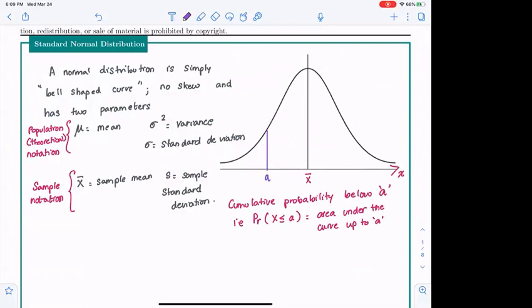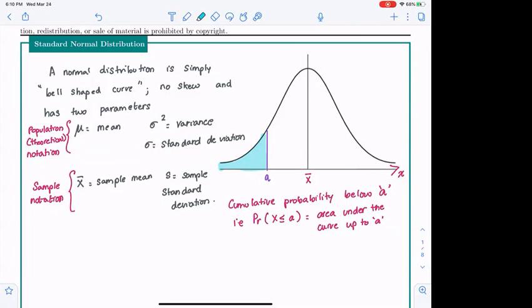And I would like to find the probability that x would be less than or equal to a. So that simply would correspond to the area under the curve below a. Now, if this area was a square or a rectangle, it is easy for us to find.